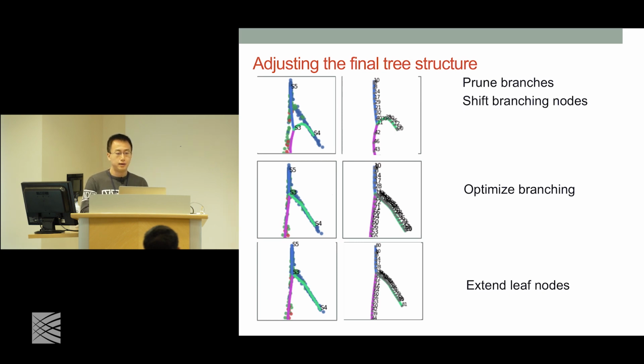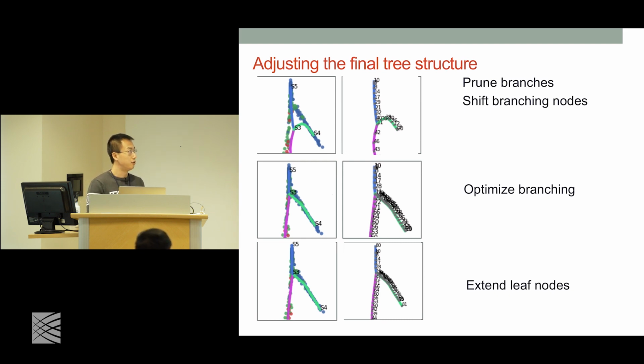But sometimes, for example in single cell analysis, if the data is sparse in the center area, there may be no cells around. If we treat that branching node as the real branching node, that doesn't really make sense biologically. So in that case, we can shift the branching node to a denser area, or the area with more cells.